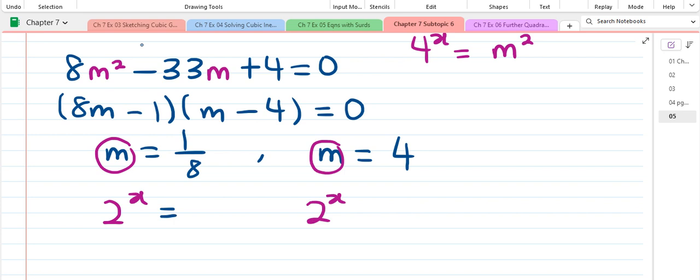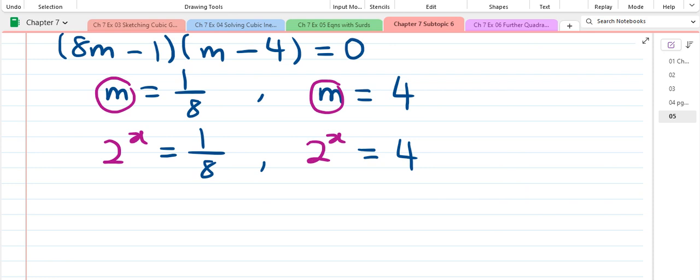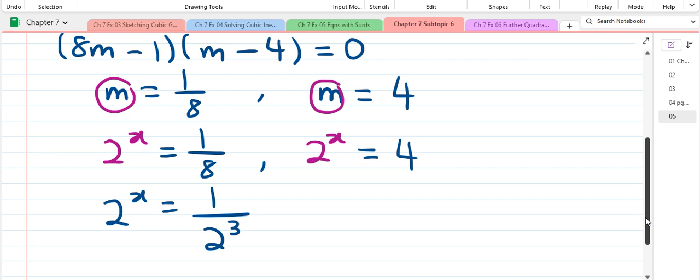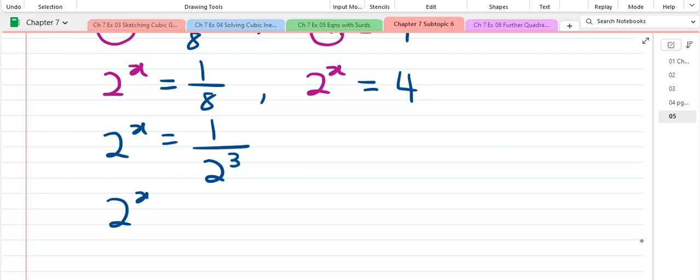So 2 power x is 1 out of 8, and the second one is 2 power x equals to 4. You can see this is a simple base of 2, so 8 is actually a power of 2. So 2 power x equals to 1 over 2 to the power of 3. The 2 to the power of 3 in the denominator, you can bring it up to the numerator, but you have to change the power sign.